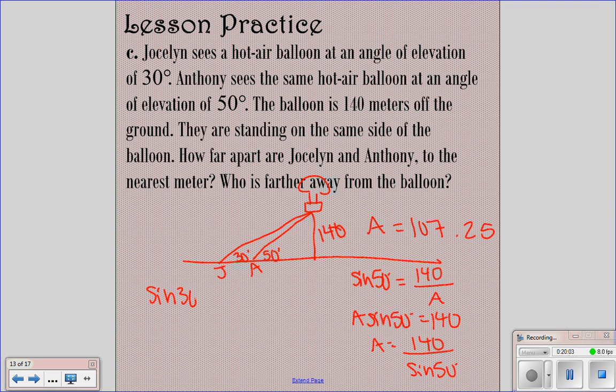And then for Jocelyn, we're going to do the same thing. The sine of angle 30 is going to be 140 over J for Jocelyn. So J sine of 30 equals 140. And so J is going to be 140 over the sine of 30. And so if you plug that into your calculator, you're going to get 70.